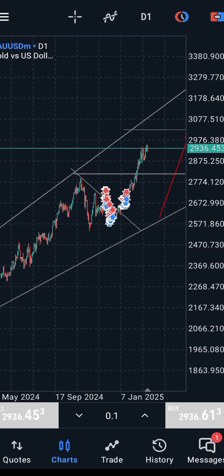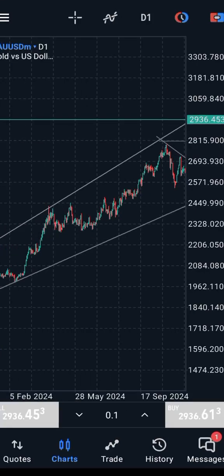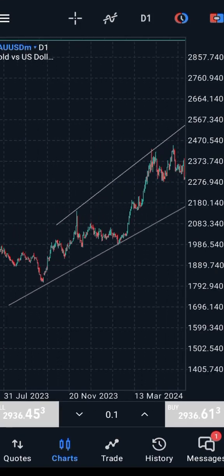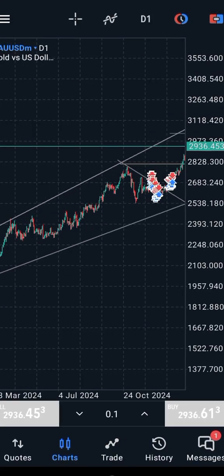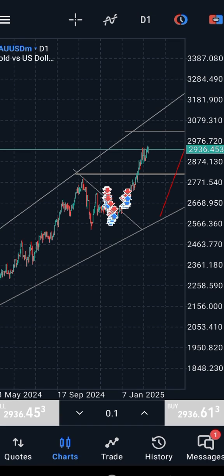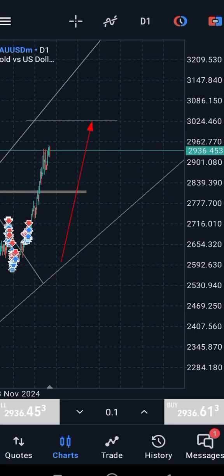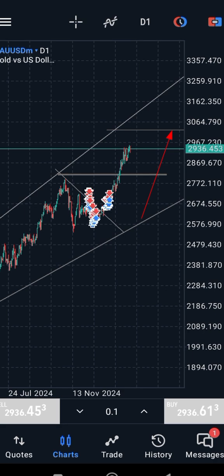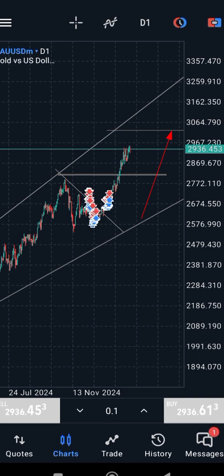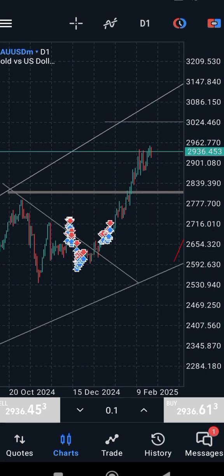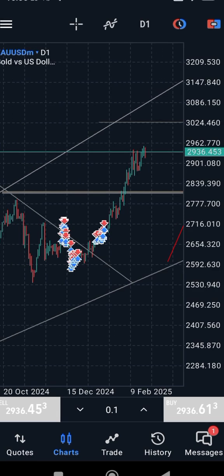Like we began earlier from the previous episode, gold is still active on the uptrend. The bullish trend is very active, but the issue here is that we are going to be having some zone.